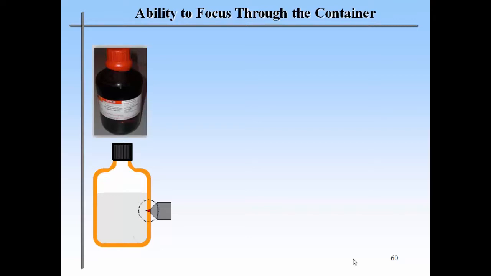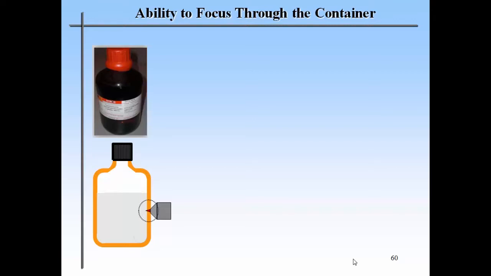Even for near-infrared, if the radiation went through the glass and was reflected back, you would have double absorption of your glass. And if this is a brown glass, it will absorb also near-infrared. So you would have a superposition of glass plus sample.